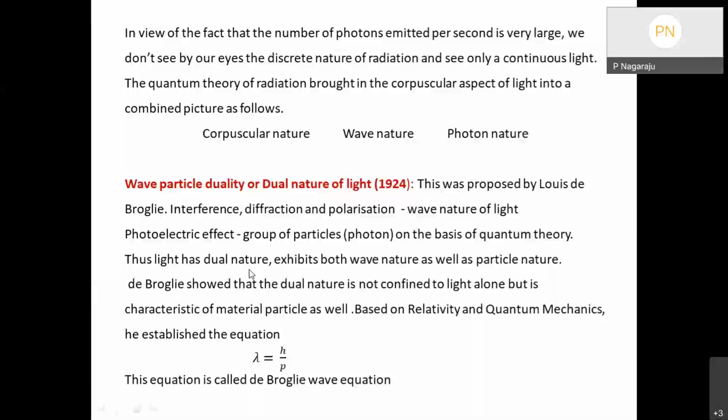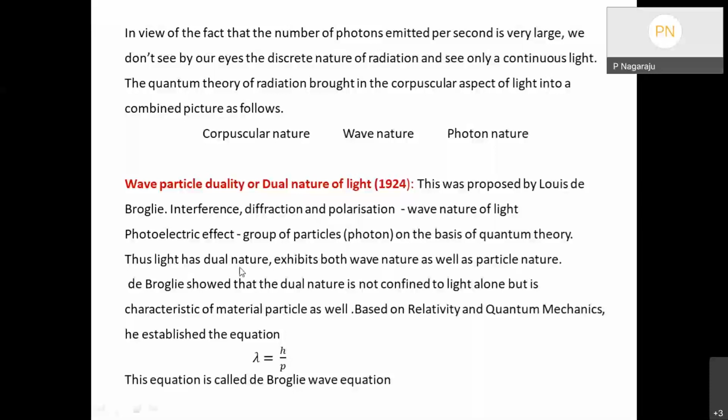That means it has both the wave nature as well as the particle nature. That is why the definition is given in the beginning: radiation is a process, either emission or transmission of energy in the form of waves or particles. So this is what we have about the quantum theory, then electromagnetic theory, and thus the wave particle duality.